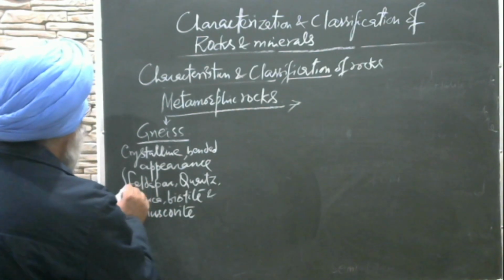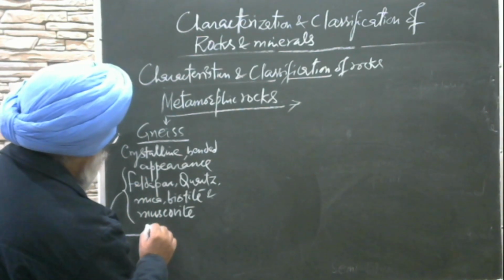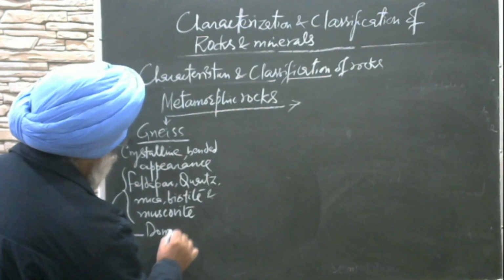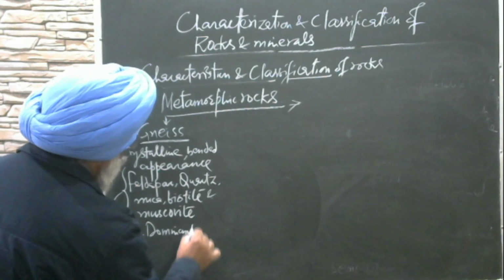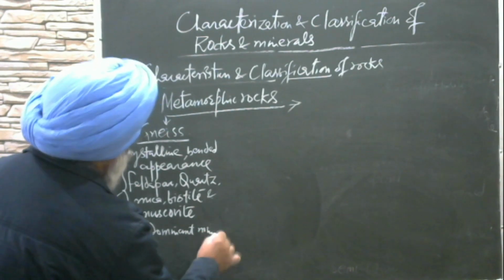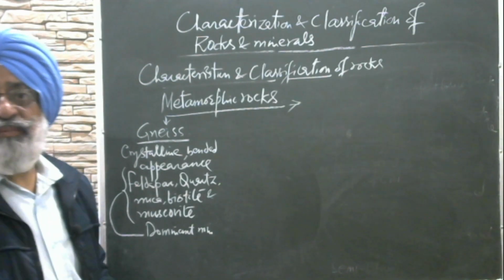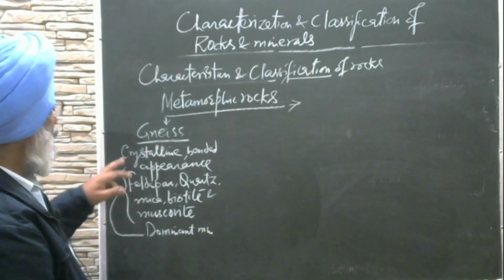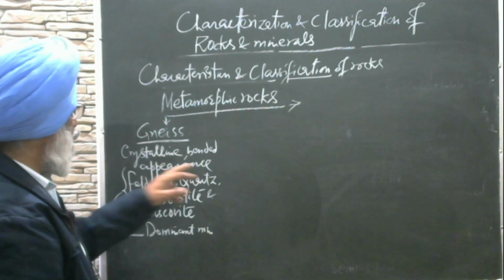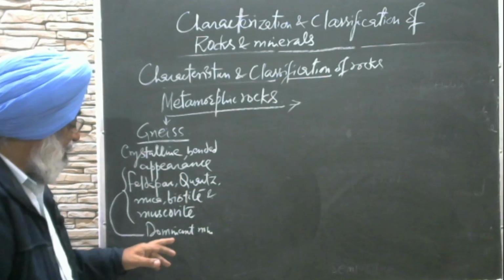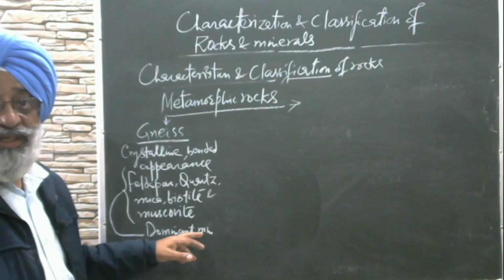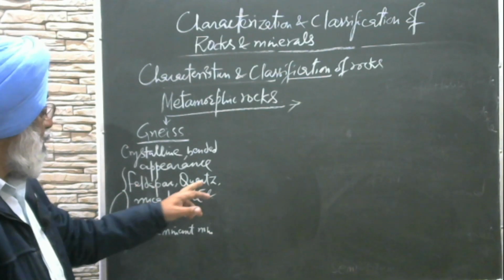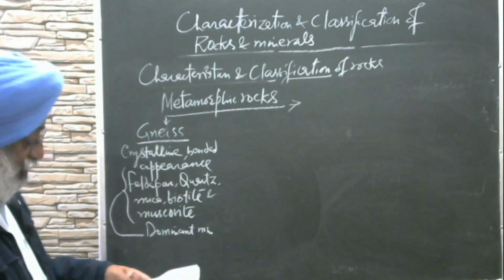These are the dominant minerals. So this is the first group of metamorphic rocks, which are crystalline, they have banded appearance, and the dominant minerals are feldspar, quartz, mica, biotite, and muscovite.